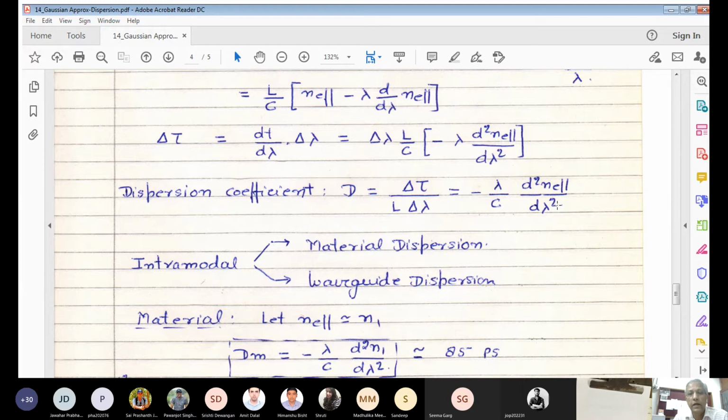So what I'm saying is that even if I did not have a waveguide, I mean there is no core and cladding, I just have a homogeneous medium of refractive index n, because n depends on wavelength, d square n by d lambda square would be finite, and you will have material dispersion. So this contribution to intramodal dispersion, which is because of the fact that core and cladding indices are functions of lambda, is known as material dispersion.